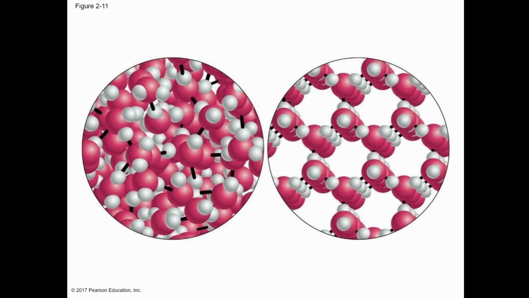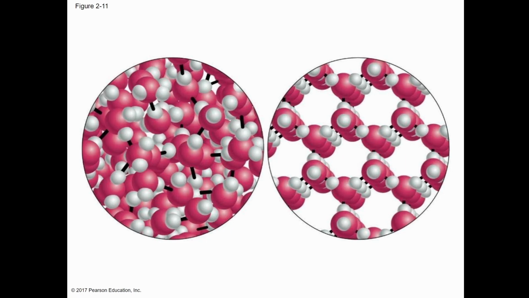So here we see on the left, liquid water. Notice how close all of the water molecules are. So it's more dense than what we see on the right, which is the lattice structure of solid water or ice. So we can see how the structure of the water molecules and how they interact together is different on the left compared to the right. On the left again is the liquid.